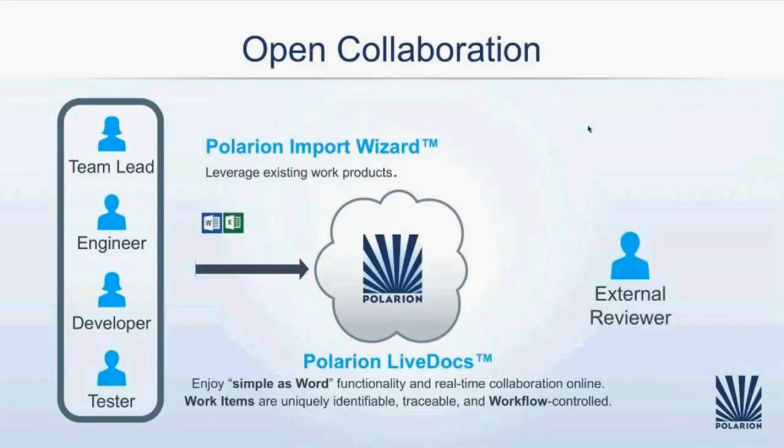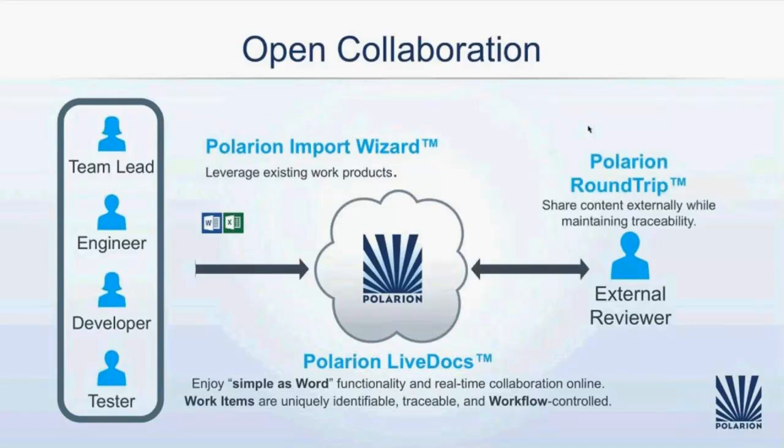But at the end, we also let external users, customers, and external stakeholders export a document back to an Office document, modify it offline, and import the changes back. So we don't just allow them to use Polarion in a very secure environment, but the same secure collaboration applies for using external tools such as Microsoft Word or Excel.